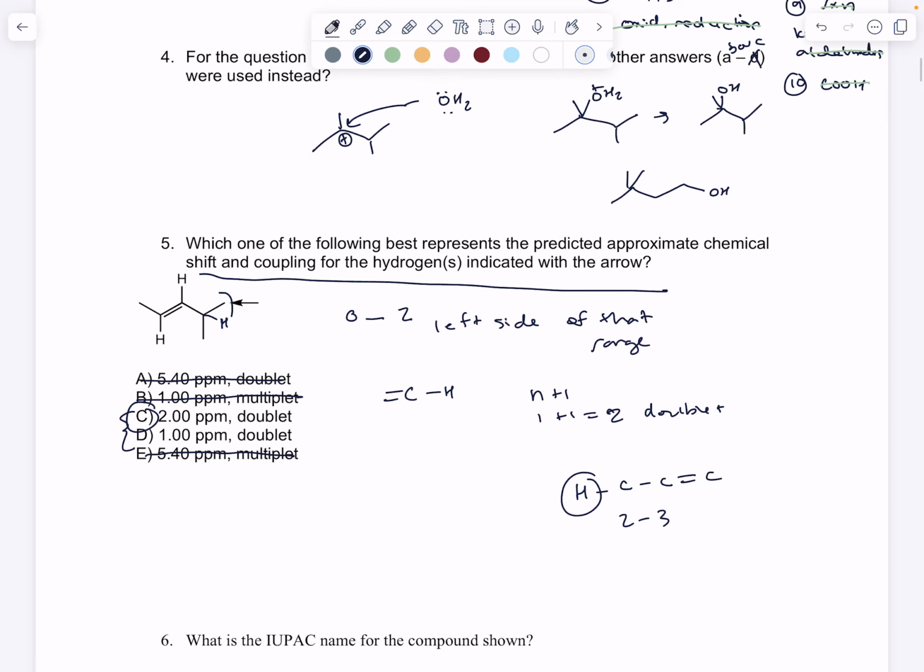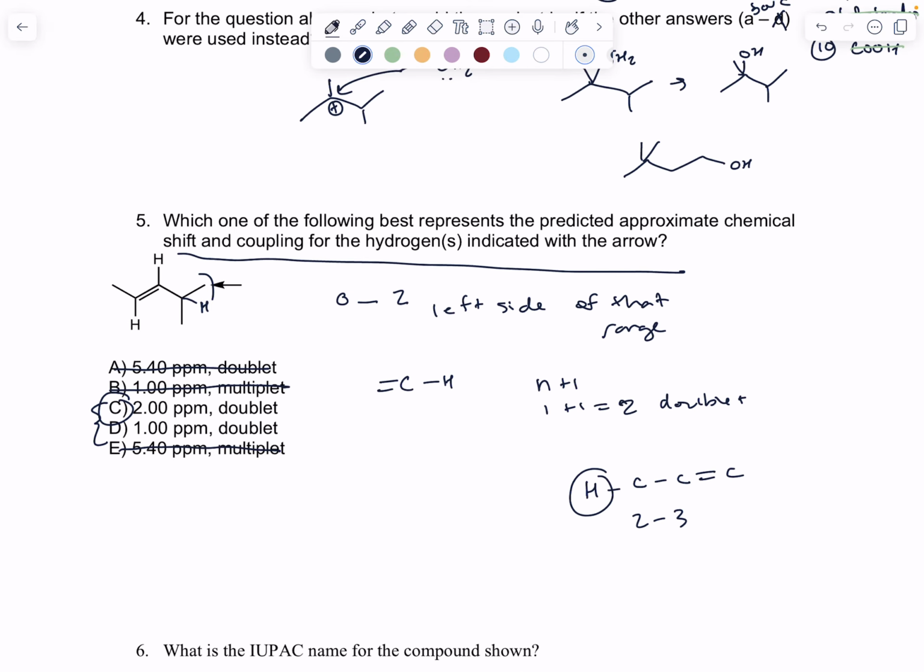So that's kind of how I approach these questions. I first think about, in general, what would this shift be? Maybe it would help to write that out: typically, what is the shift of that functional group, of the hydrogen off of that functional group? And then the next thing I ask myself is, what about the environment?